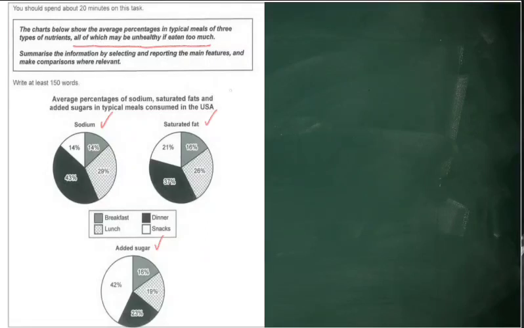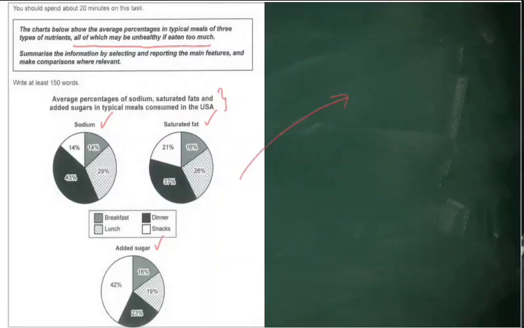And they have given this title, average percentage of sodium, saturated fats, and added sugar in typical meals consumed in the US. And you're supposed to compare the 3 based on the 4 types of meals. And we can derive conclusions from that, report the data in the most logical manner.